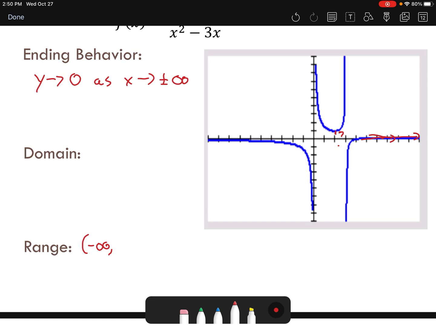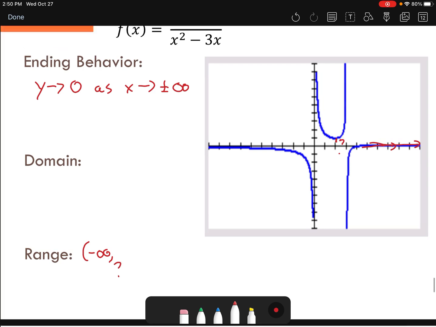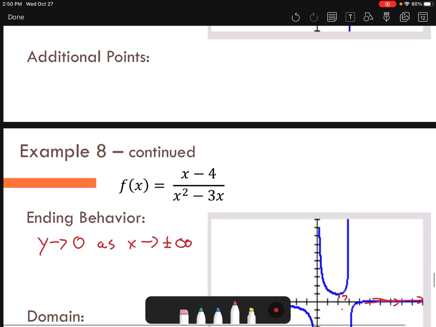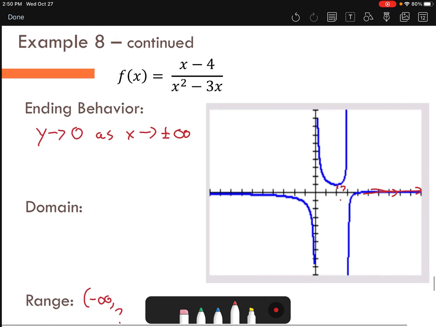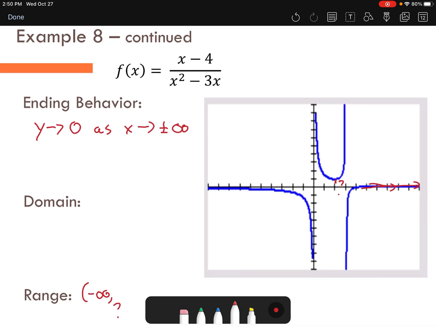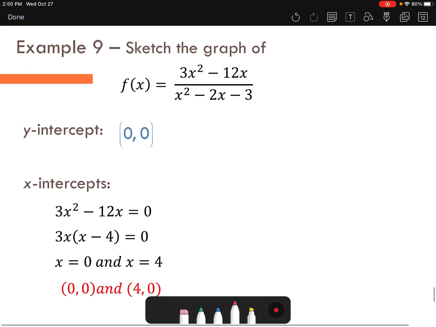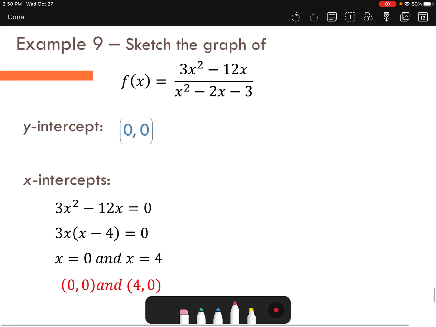So there must be a little gap here. Hard to say. I'm going to hold off on the range on that one. That's a doozy. If I was guessing, it'd be negative infinity to 0.1, because on my calculator I got 0.11, and then it goes back down, and then it starts again. It looks like at 1 and goes to infinity. So that's anybody's guess there.